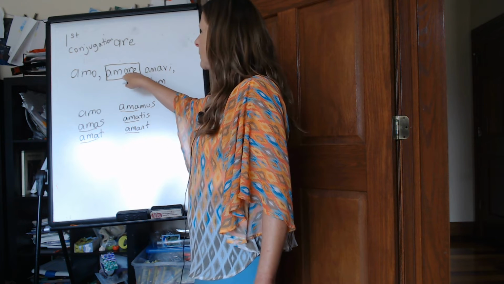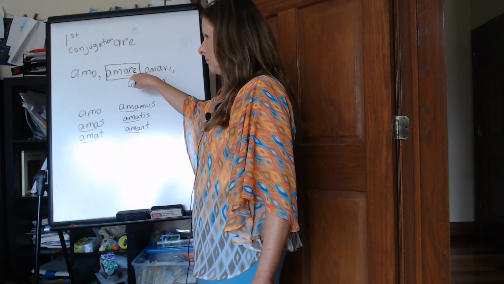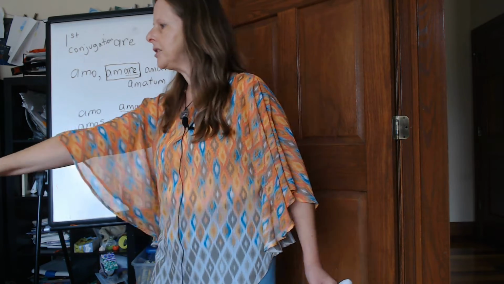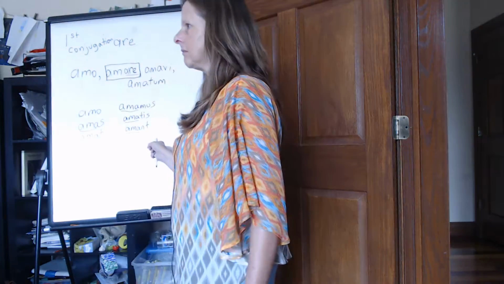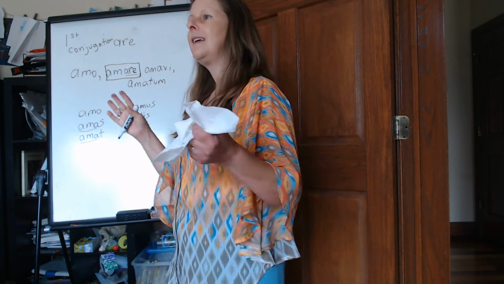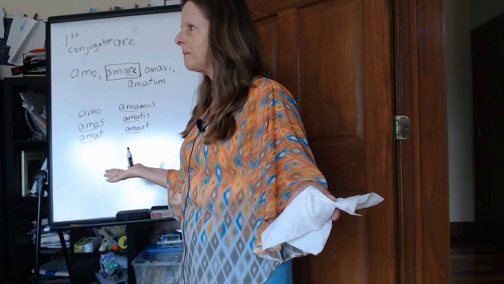There are other verbs we're going to learn whose second principal part ends in different letters. But whenever you see the ARE, you say, oh, it's just like amo, it's just like canto, laboro, it does the same thing. I find the same stem and I stick the same endings on. If you know how to use one, you know how to use them all. That's the great thing about Latin, right?